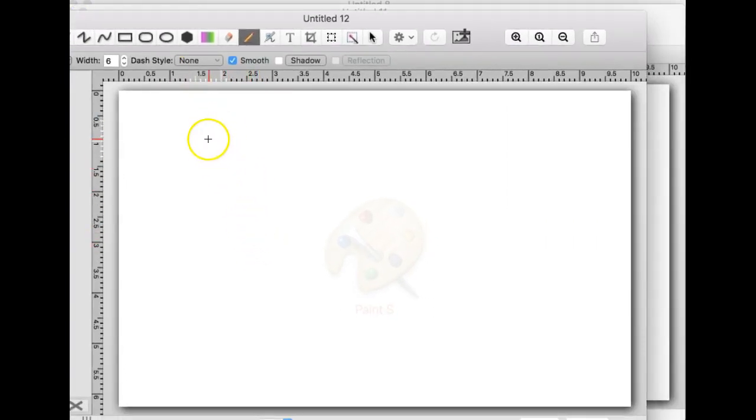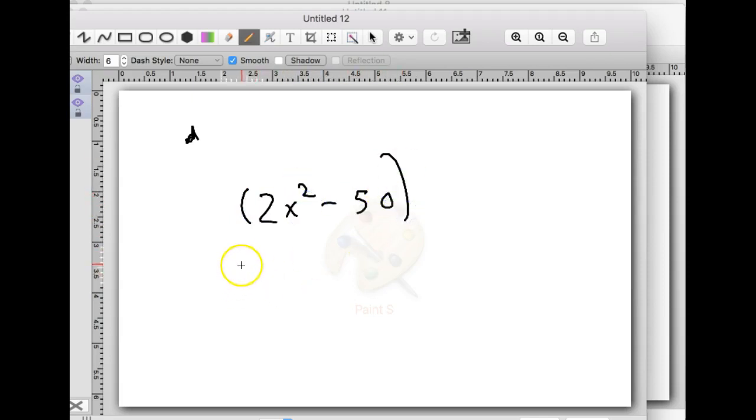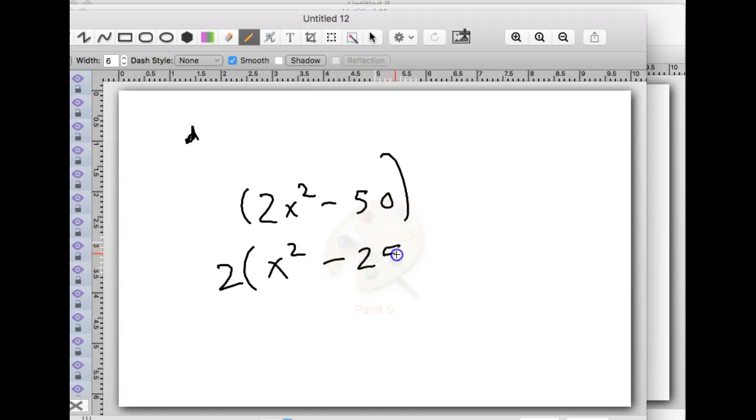If you have, for example, let's look at 6, number d. If you have 2x squared minus 50, what can you do first? Well, let's take out the 2 from both. 50 divided by 2 is 25.